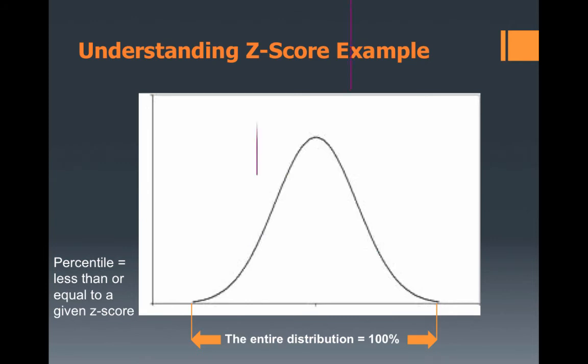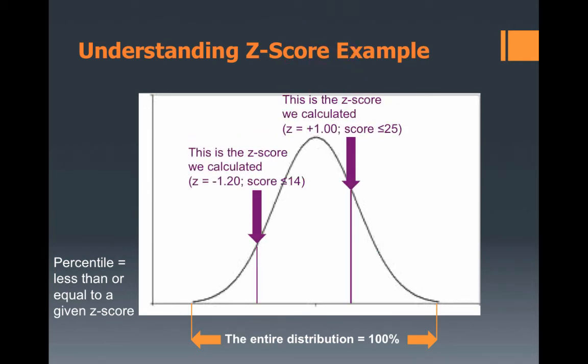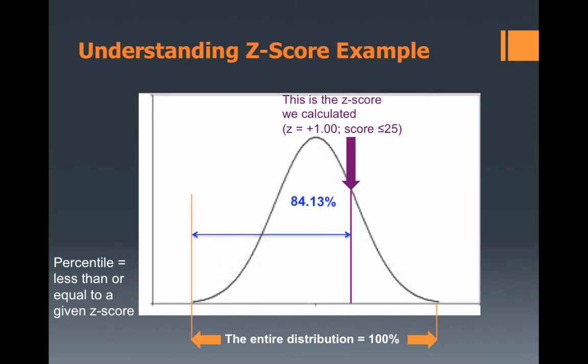What about 25? Well, to the left, we have our z-score for 14, and now we have, plotted here, the line and the z-score that corresponds to a score of 25. Well, again, the same principle. If we were to look at where the spot is underneath the curve, looking at it all the way to the left, this is going to make up 84.13%.